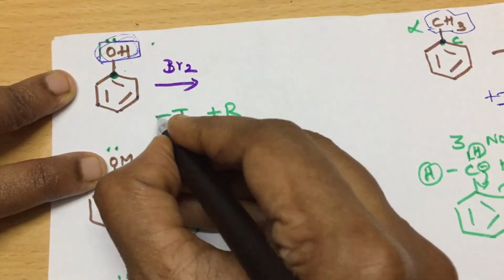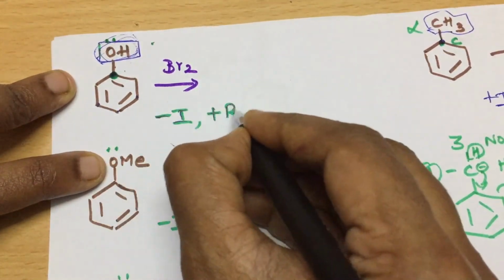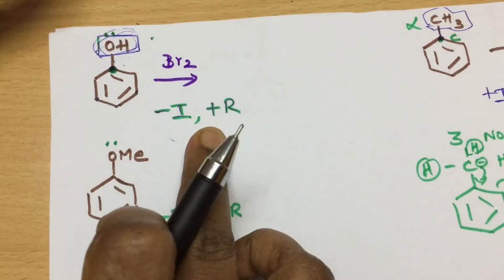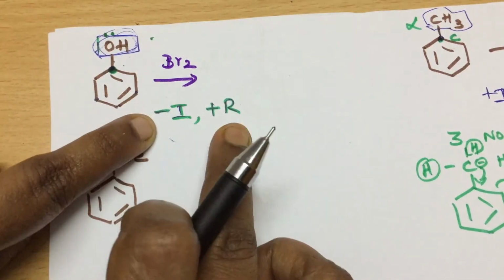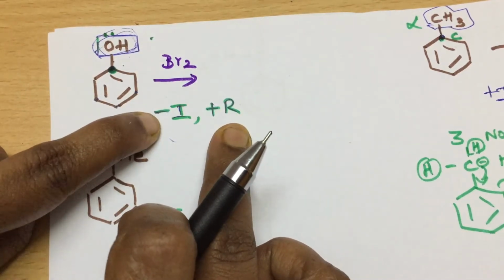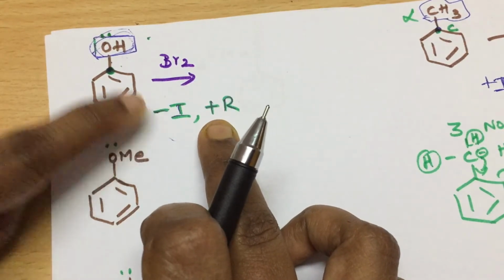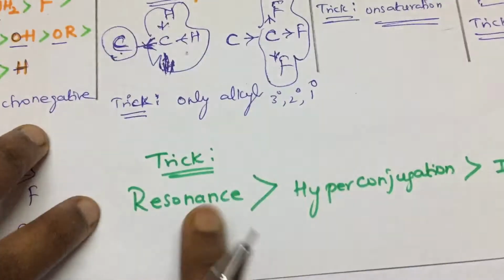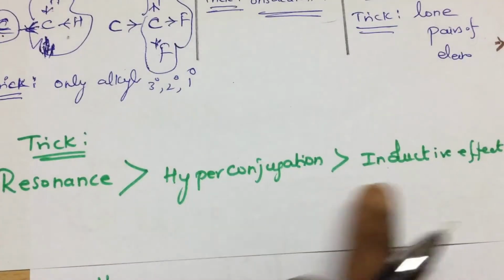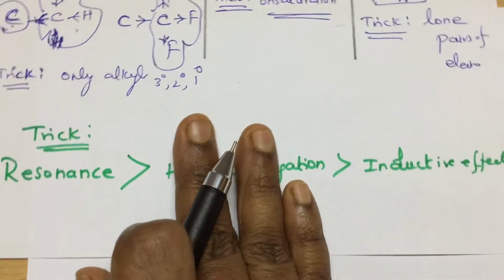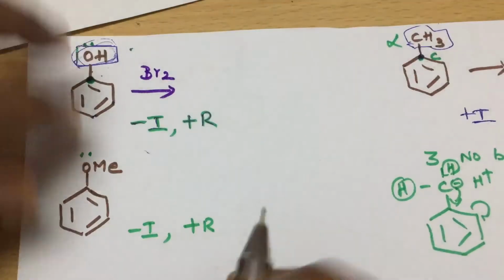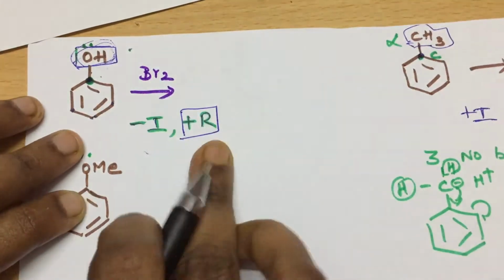See here, minus I effect and plus R effect both are there, but they are in opposite directions. One is electron withdrawing and another one is electron donating. Plus refers to electron donating. So here you have to apply the rule: resonance, hyperconjugation, inductive effect. Here there is no hyperconjugation, so only resonance is going to dominate.